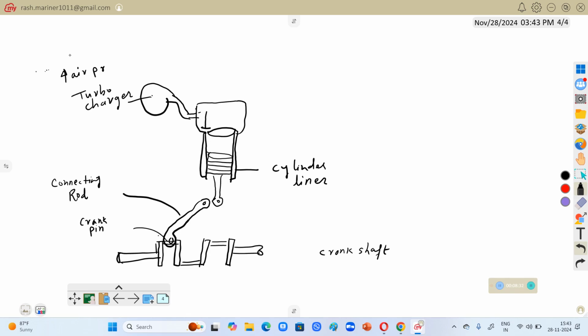So what do we call air pressure? Charge air pressure. And this is the suction valve, and on this side the exhaust valve.